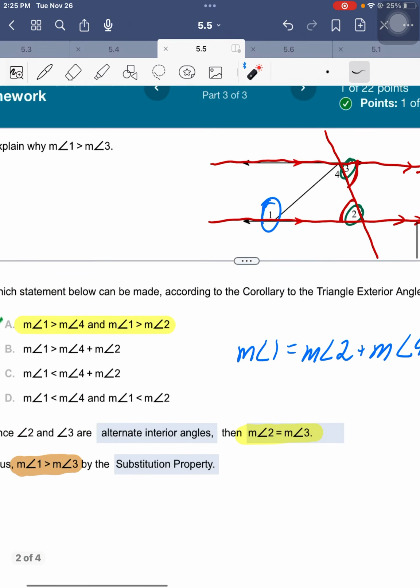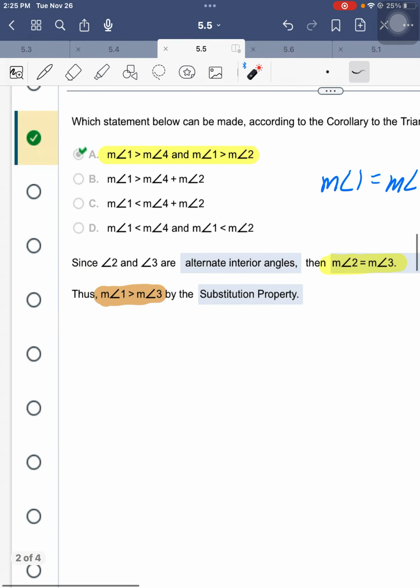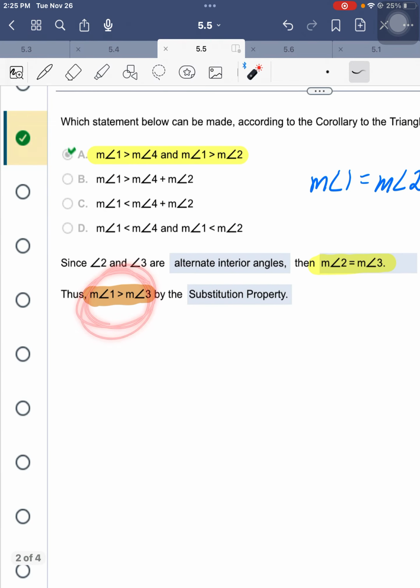I want something that looks just like this. What looks a little bit like this? Well, this one does a little bit because it has the 3 there, but it doesn't have the 1. So this has a 1 and this has a 1. This has a 2 and a 3. So you see how we're working backwards in a way.